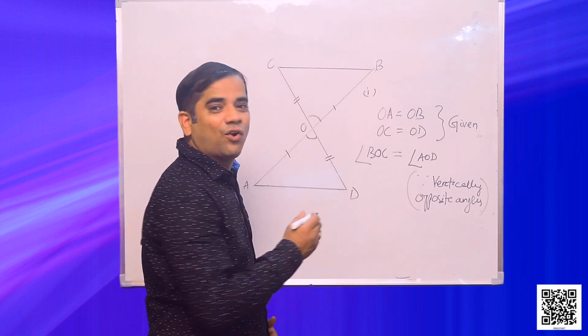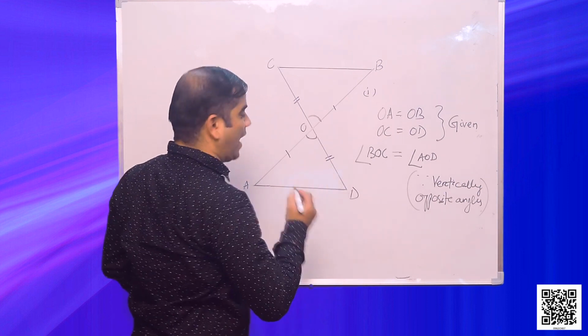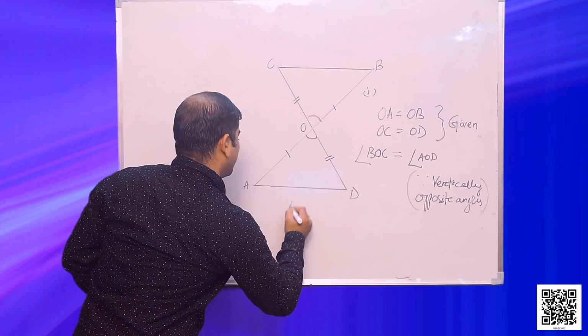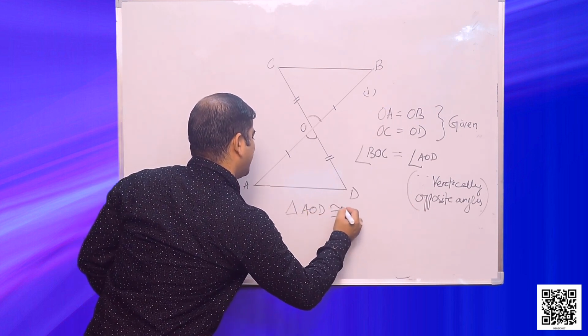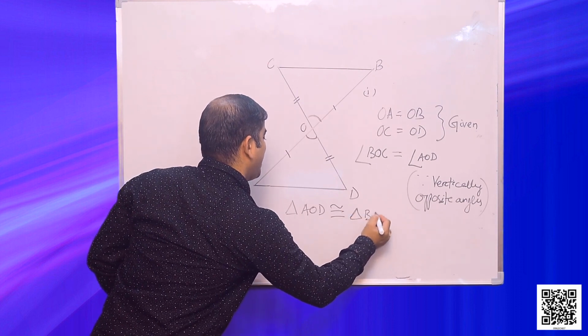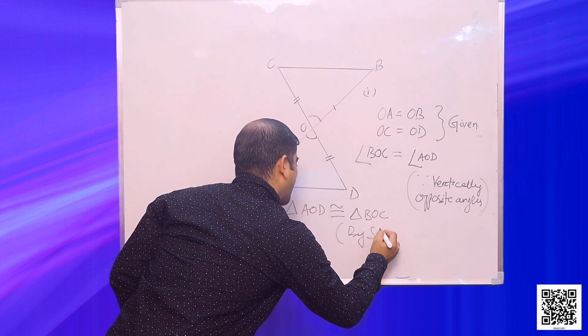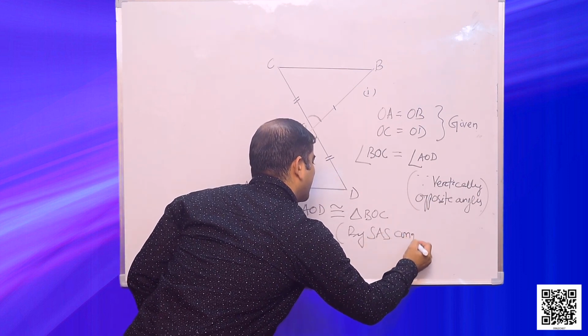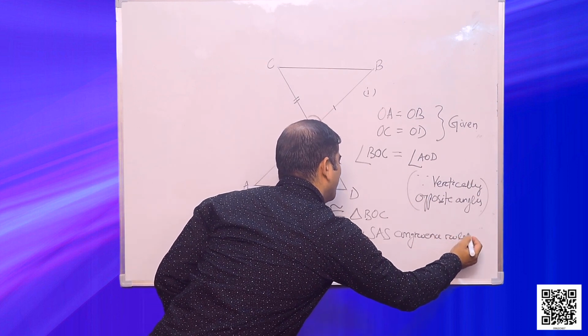So, they are following the SAS congruence rule. So, finally, we can write that triangle AOD is congruent to triangle BOC by SAS congruence rule.